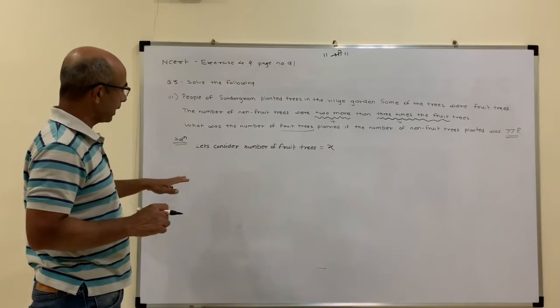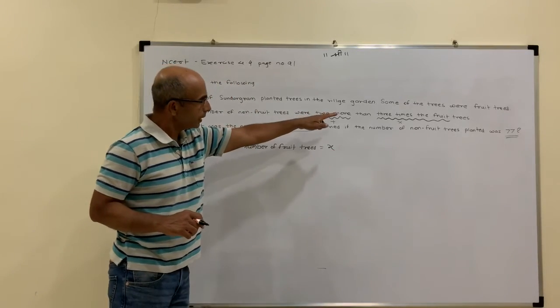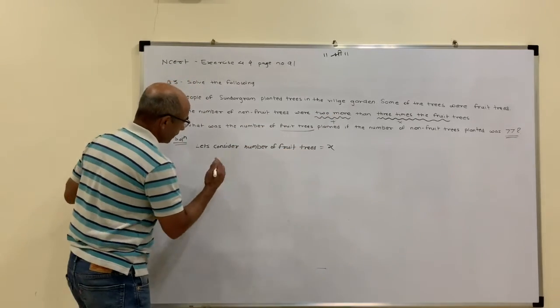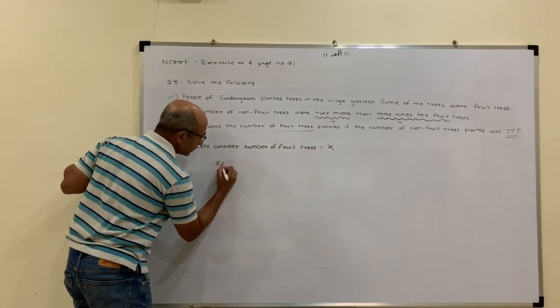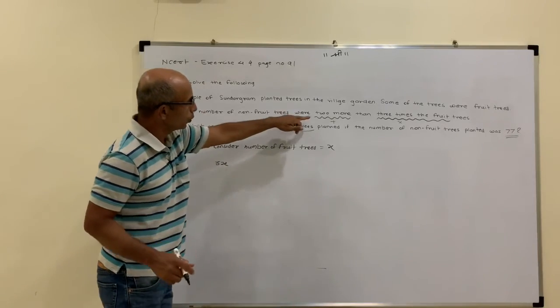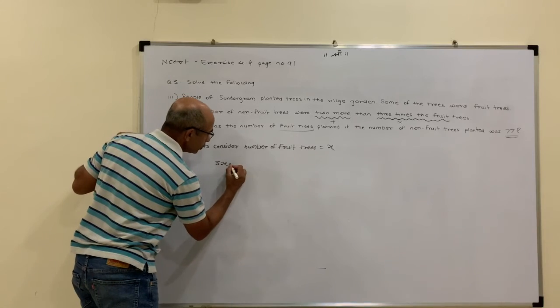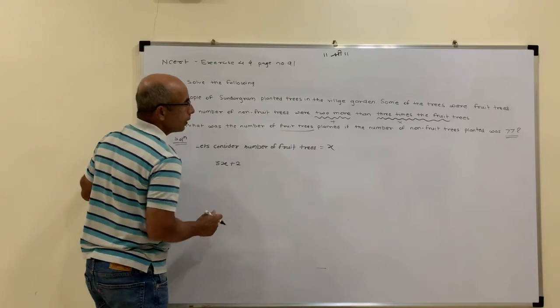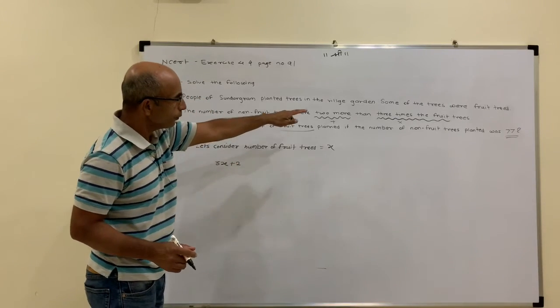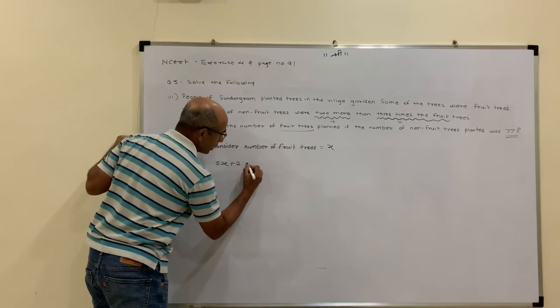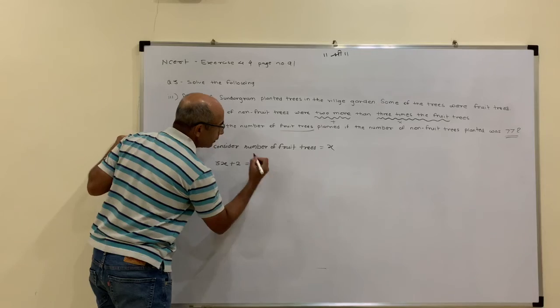So now my equation starts with 3 times the fruit trees. Fruit trees equal to x, so it will be 3x. 2 more than the 3 times, so plus 2. The total number of non-fruit trees is 77, so equals 77.